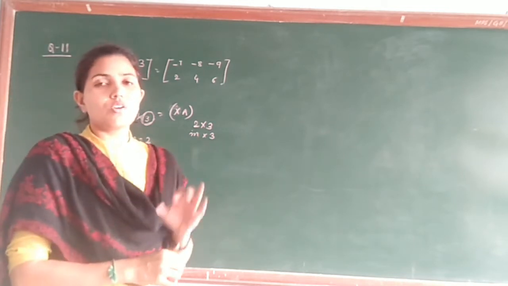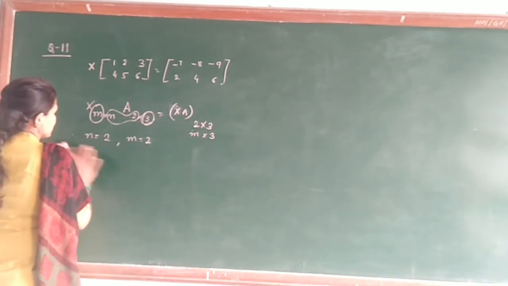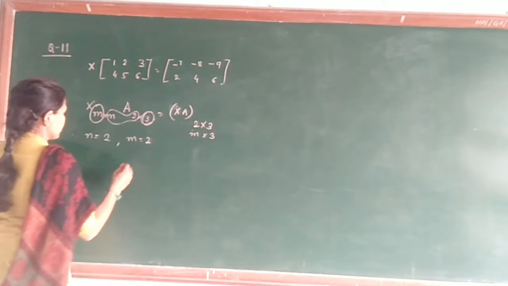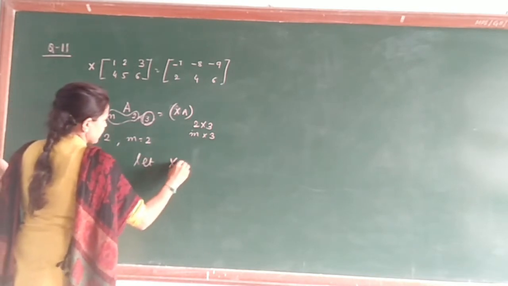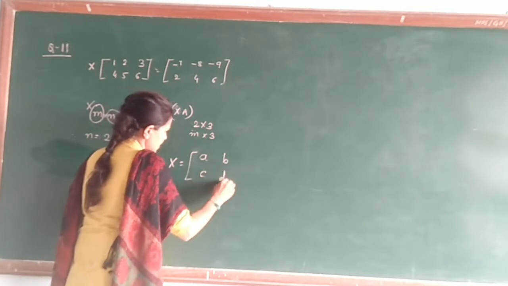That means the order of our X will be 2 by 2. So let me consider X as a 2 by 2 matrix. Let X be the matrix with entries a, b, c, d.